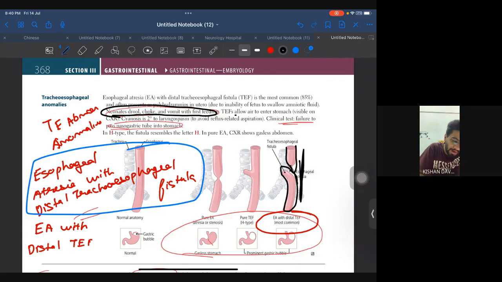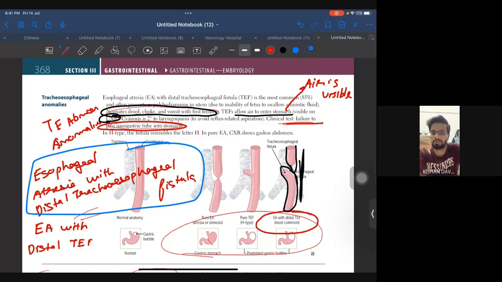Okay, so TEF allows air to enter the stomach, visible on chest X-ray. In the question they will say air is visible clearly. And the next thing that will help you to confirm this diagnosis is failure to pass a nasogastric tube into the stomach. They will pass the nasogastric tube from the nose of the neonate, and it won't go into the stomach.